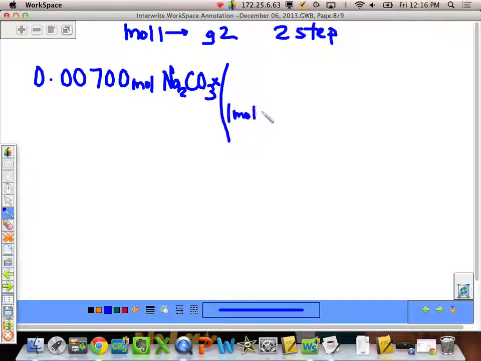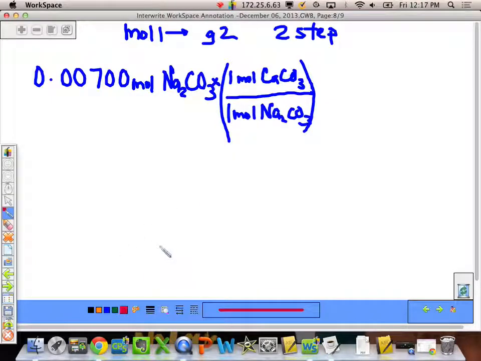So that goes on the bottom. 1 mole of Na2CO3 goes on the bottom. And I'm looking to get to calcium carbonate. So what was my number of moles from my balanced equation of calcium carbonate? 1 as well, good. So 1 mole of CaCO3. So I can look at what I cancel out. I have successfully gotten rid of moles of sodium carbonate, and I am now at moles of calcium carbonate.